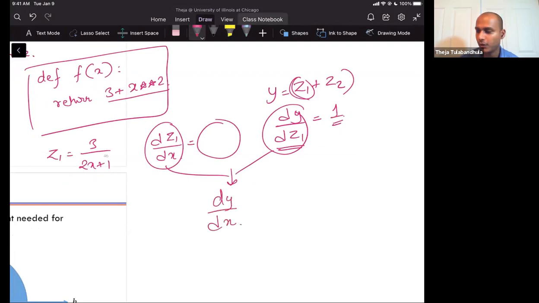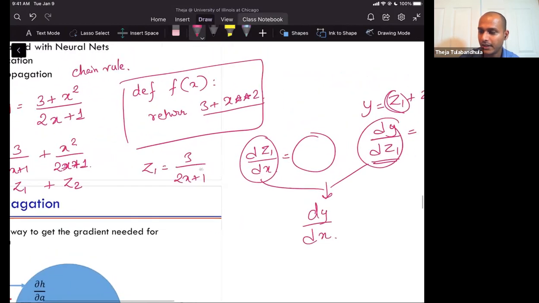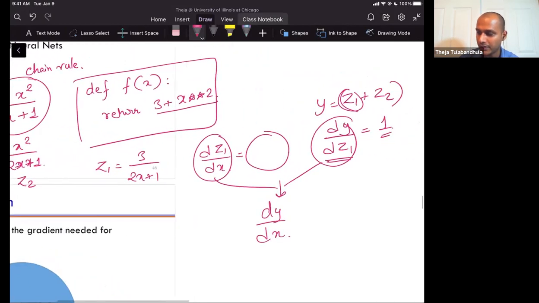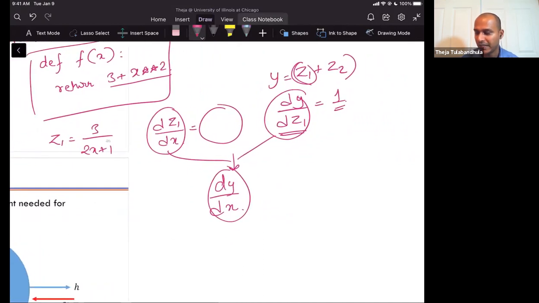Although here it's a simple numerator with denominator, and you can actually compute them, which is what you might have done in calculus classes, we don't have to worry about how to do that with pen and paper.